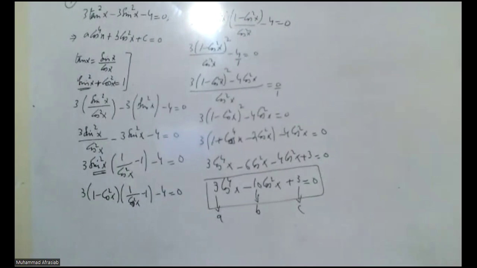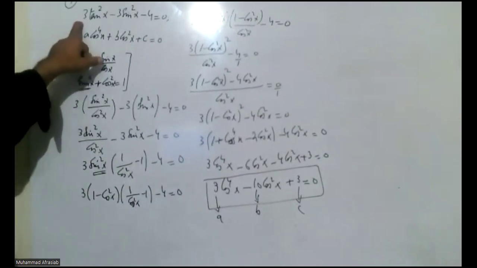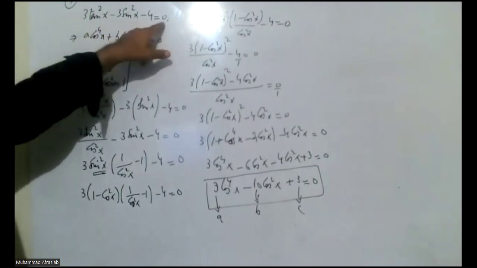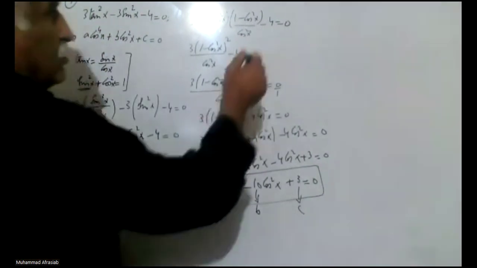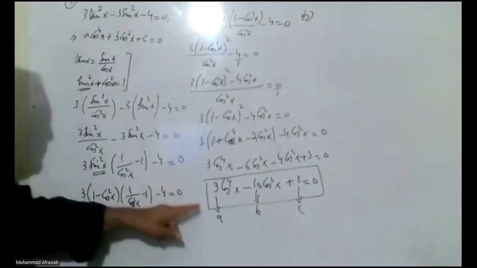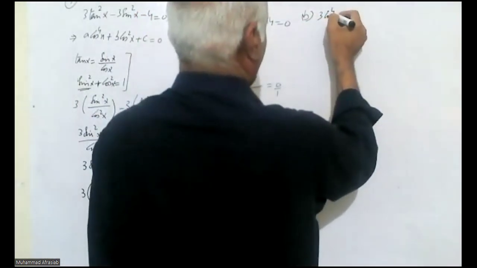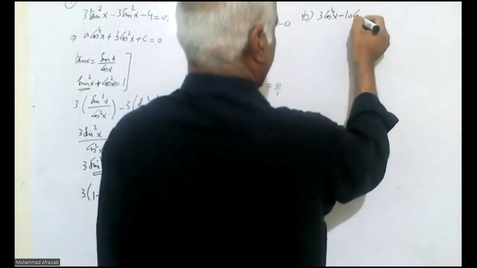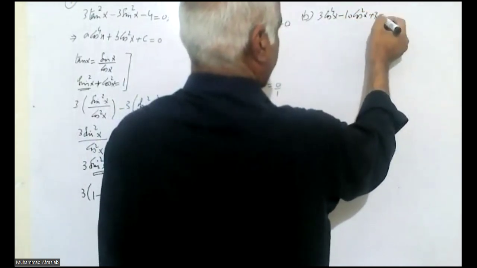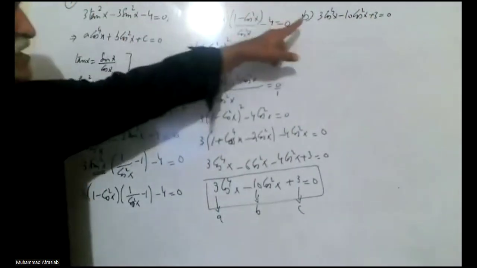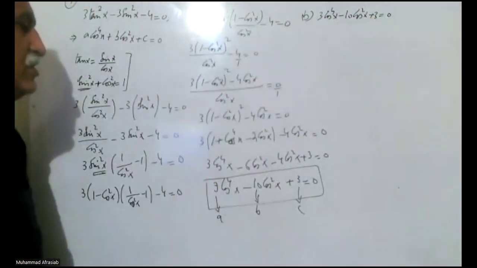For this b part, you have to solve 3 tangent square of x minus 3 sine square of x minus 4 equal to 0. But we have already shown that this whole expression is basically equal to this. So we can write it as 3 cos 4x minus 10 cos square of x plus 3 equal to 0.